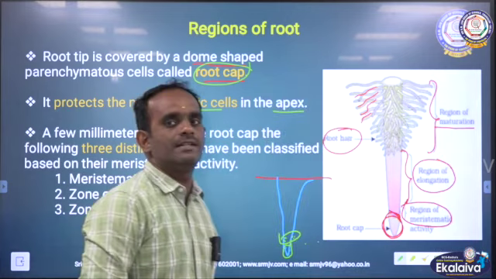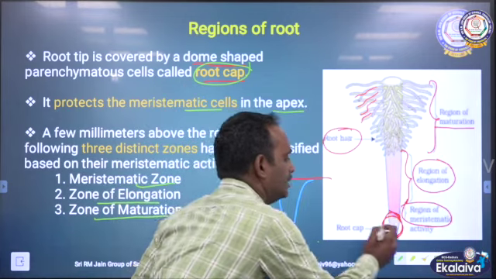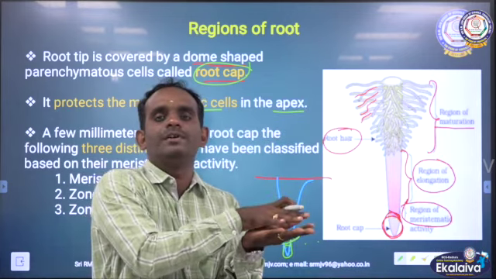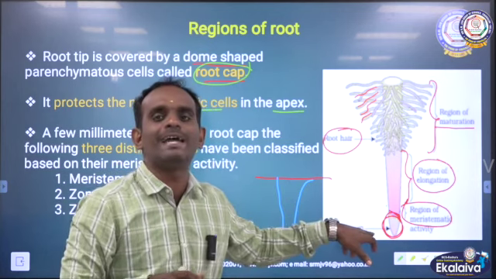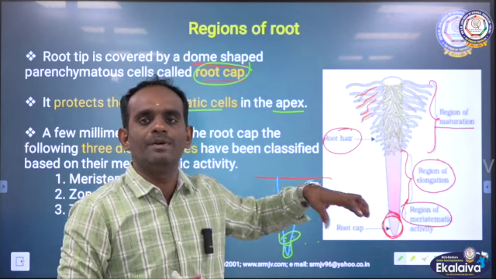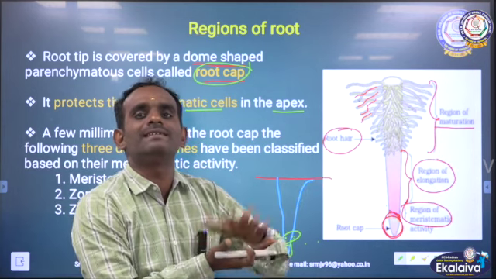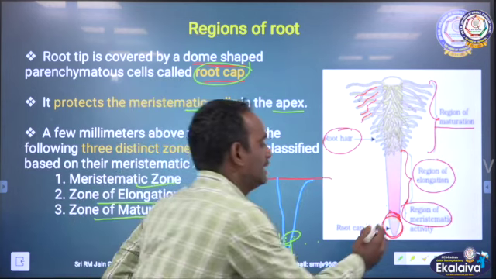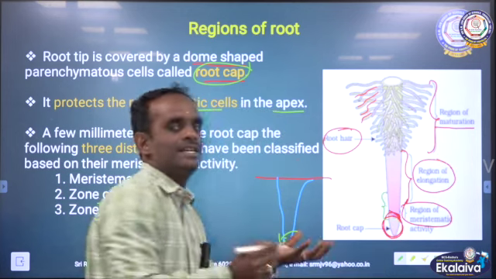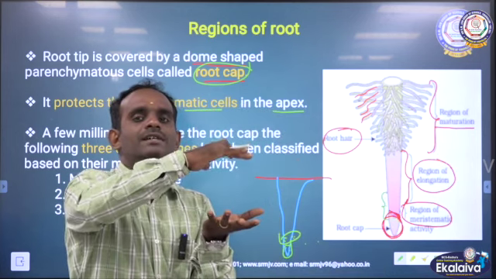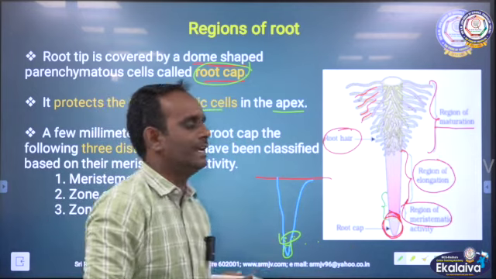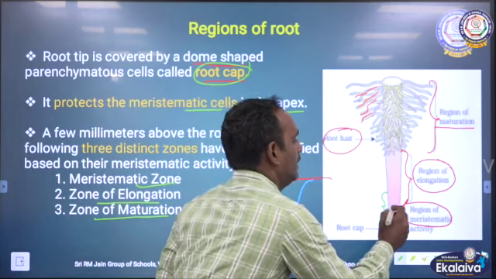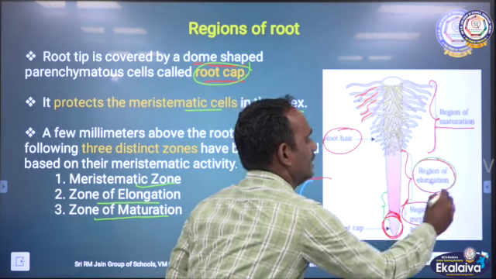See the picture here, children. This is the root tip. The root tip is covered by dome-shaped parenchymatous cells, that is called root cap. That root cap protects the meristematic cells. Okay, so the region of meristematic cells is present just a few millimeters above the root cap. Can you see this picture here? Yes. And then a region is there, that is called region of elongation.